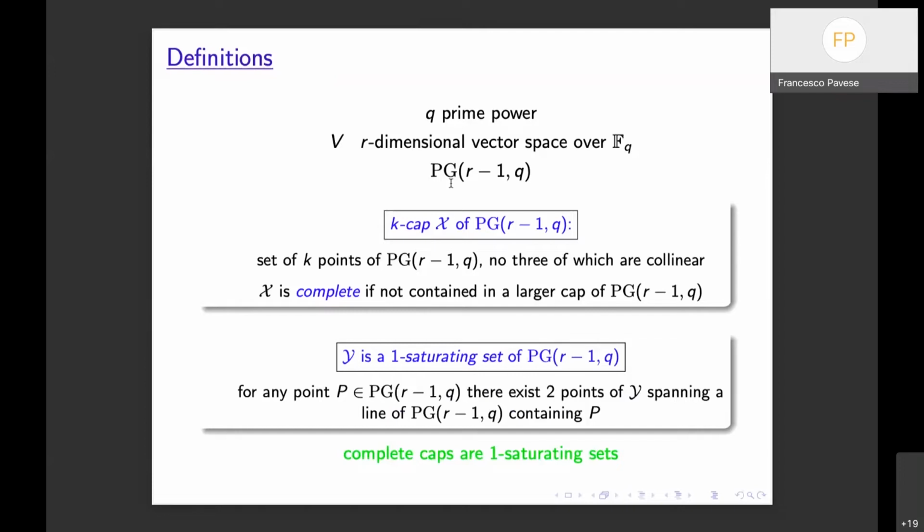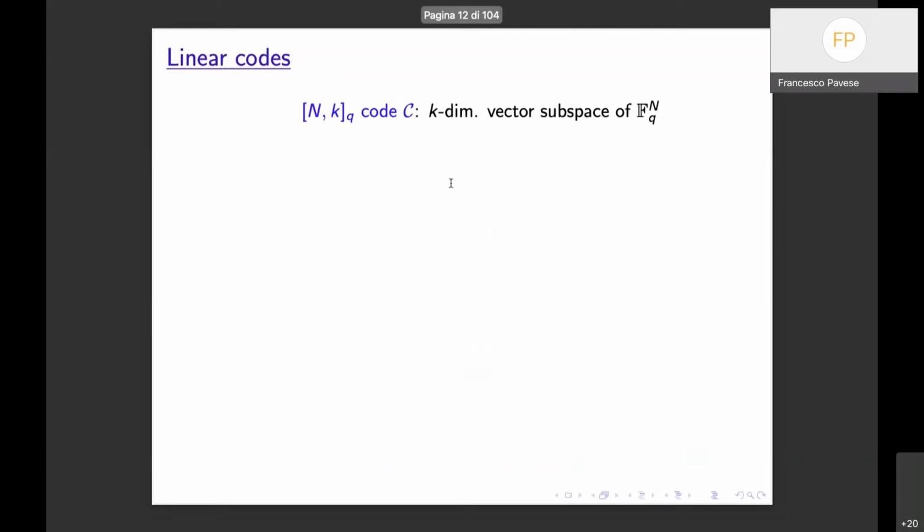The vice versa is not true. There are examples of saturating sets that are not caps. In general, these objects are not only interesting from a combinatorial and geometric point of view, but they are strictly related to linear codes.